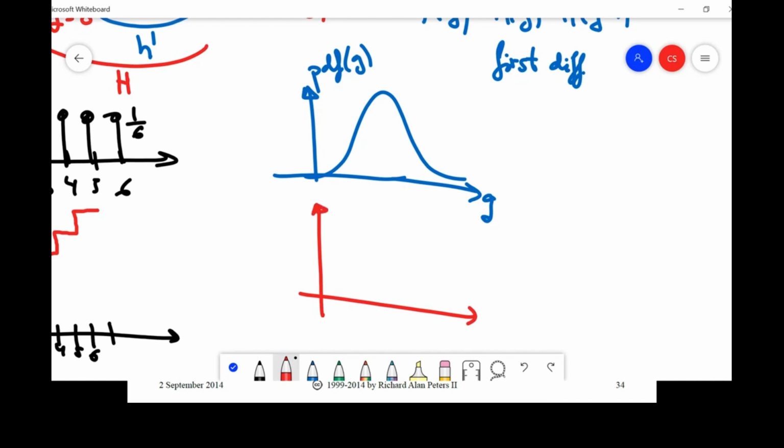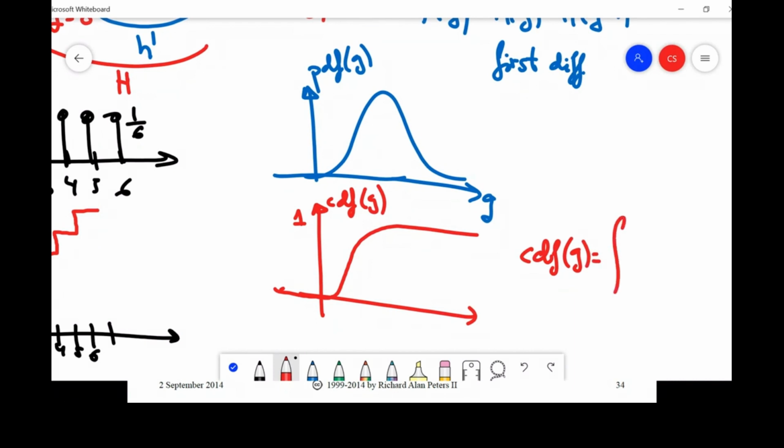It will be 0 up to here, and then it integrates and goes to 1 asymptotically, and it reaches 1 at some moment. This would be the CDF of D. What is the equivalent for continuous signals? The CDF is the integral from minus infinity to G of the PDF of D prime, differential of D prime.